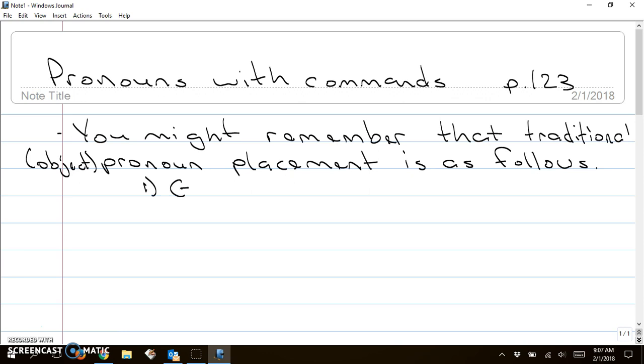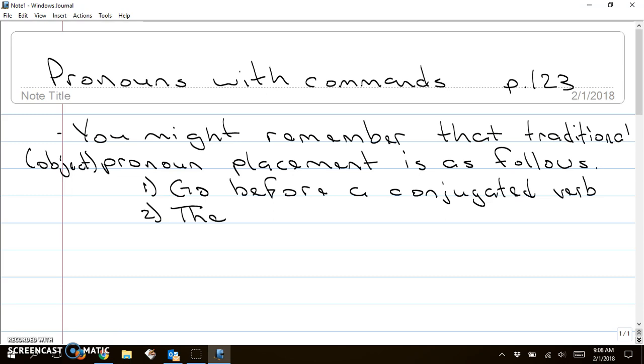Number one, they go before a conjugated verb. Number two, they attach to an infinitive.